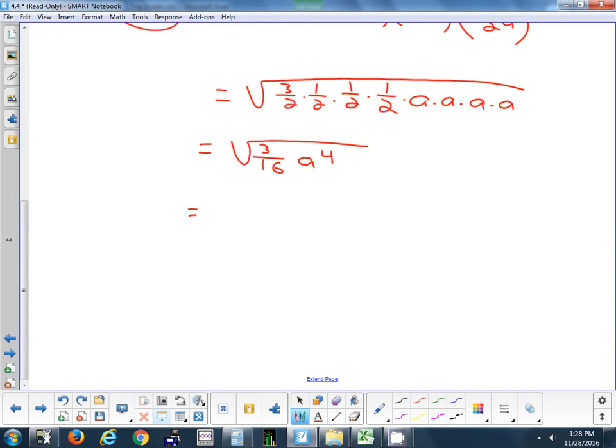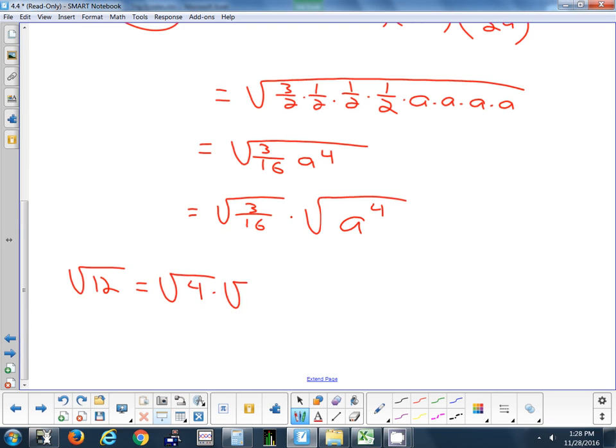Okay, and there's two things there that will simplify a little bit. I'm going to separate the number from the letter. And you can do that, and we do that all the time when we have something like this. You separate a square root into like square root of 4 times square root of 3. I'm just breaking it apart into two. Okay, that's what I just did.